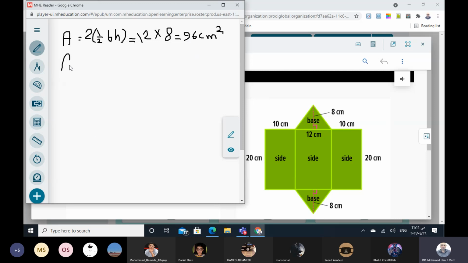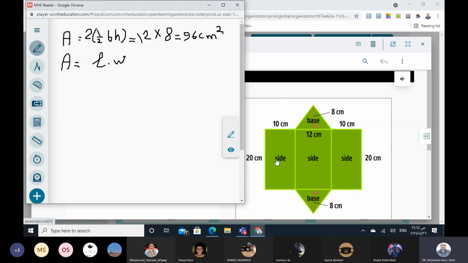Then we can find the area of the congruent sides. This is the first side, a rectangle, and this is the second side, a rectangle. As you remember, to find the area of a rectangle, we can use the rule length times width.